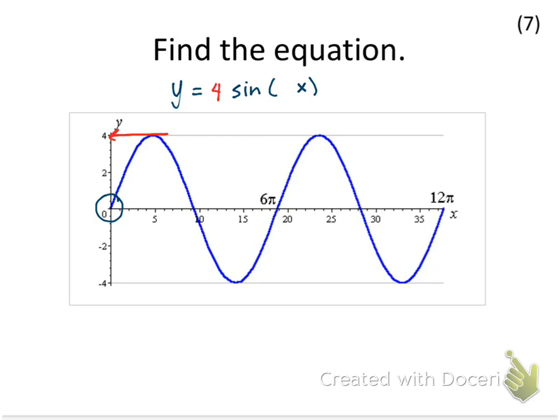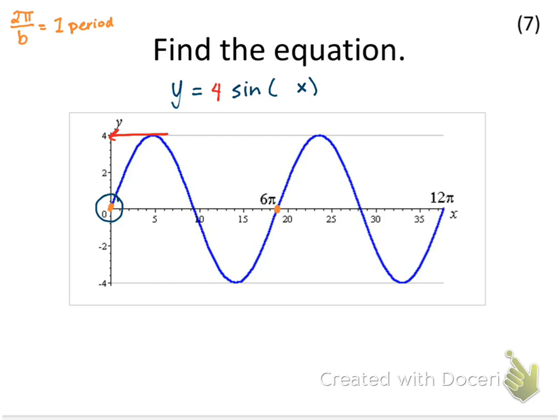To determine the B value, we need to use the formula to help us solve. So that formula for the period was 2 pi divided by B, and that equaled 1 period's distance. So if I look at my curve, 1 period starts at 0 and ends at 6 pi.